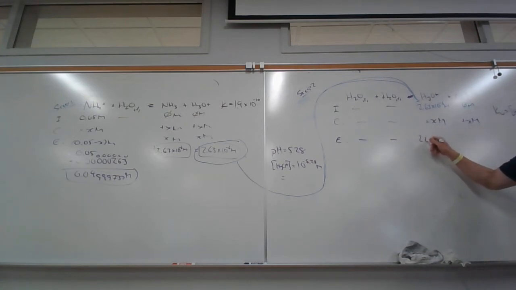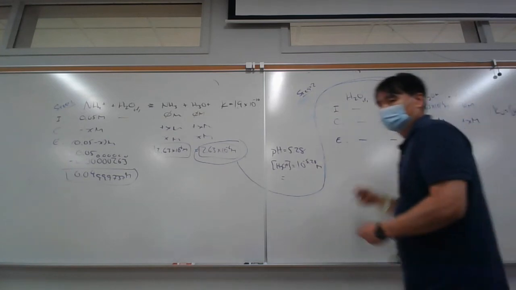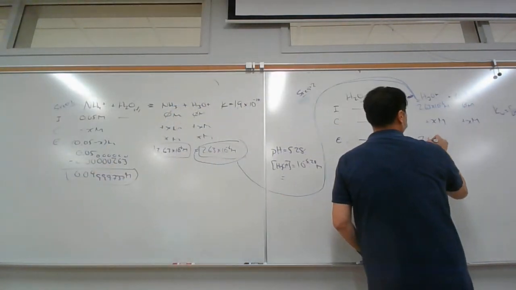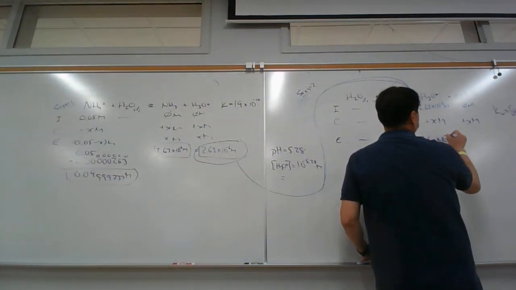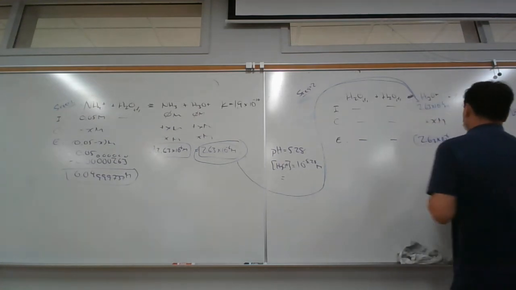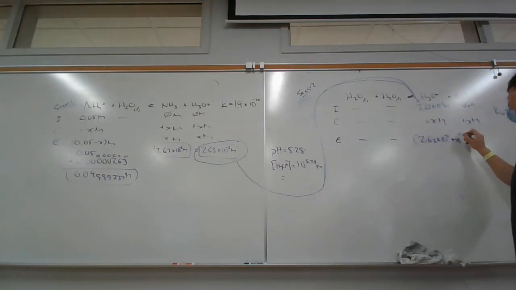We're going to get 2.63 times 10 to the minus 6 from step 1 plus x from step 2, molar. And over here, we're just going to get x molar. X molar is just going to come from step 2, none from step 1. Okay, now let's go ahead and solve this.